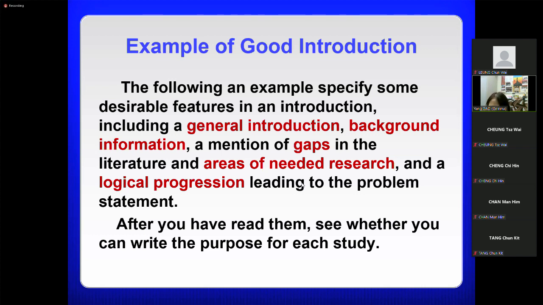So it is more like a three-step approach. The first is more general information, then narrow down to the background information and the research gap, as well as the research statements. After reading the example, see whether you can draw the purpose from the example.